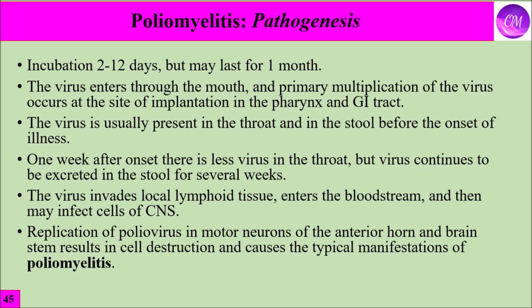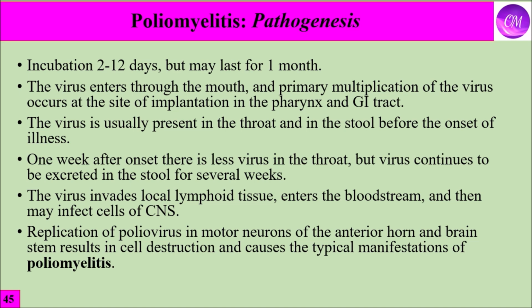The incubation period of the polio varies between 2 to 12 days, but may last for 1 month. The virus enters through the mouth, and the primary multiplication of the virus occurs at the site of implantation in the pharynx and gastrointestinal tract. The virus is usually present in the throat and in the stool before the onset of illness. 1 week after onset, there is less virus in the throat, but virus continues to be excreted in the stool for several weeks.